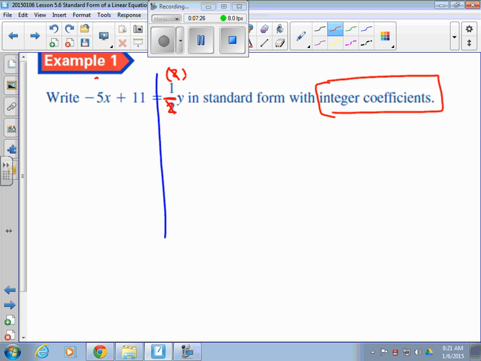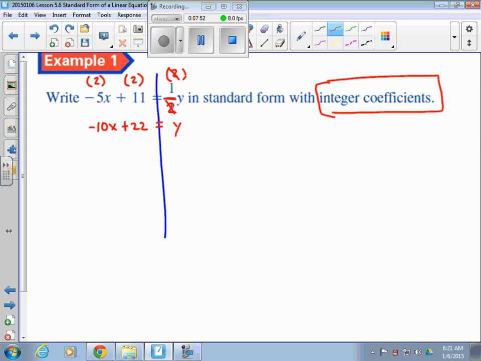You have to multiply everything by 2. Unlike addition and subtraction, where you only do it with the like terms, multiplication and division has to be done to everything. So 2 times negative 5x is negative 10x. 2 times positive 11 is positive 22. And then you're left with 1y on that side.